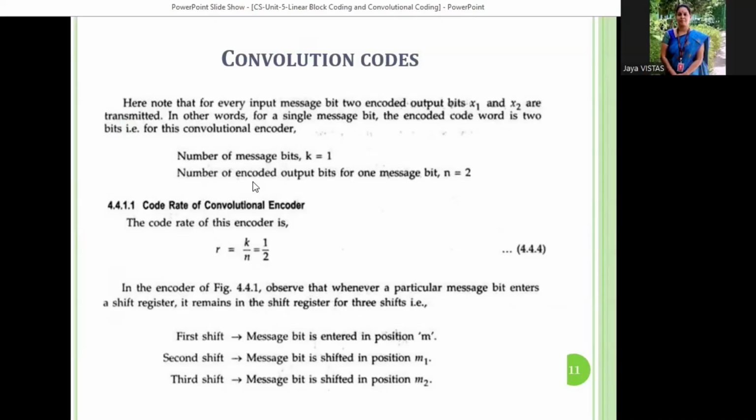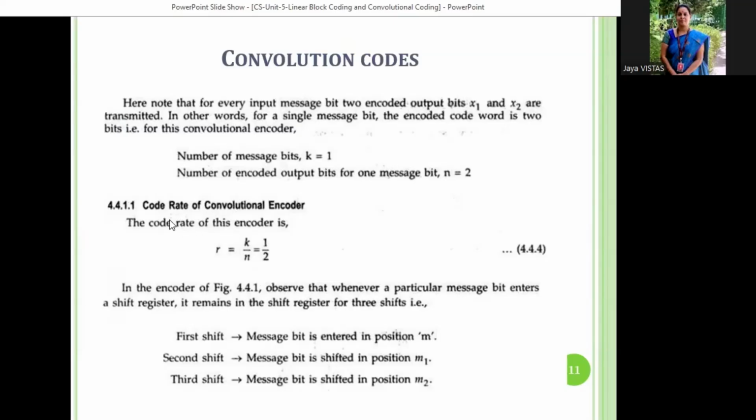We already know the number of message bits k is equal to 1 and the number of encoded output bits n is equal to 2, because only one bit is sent at a time. So the input bit is 1, output bits are 2.